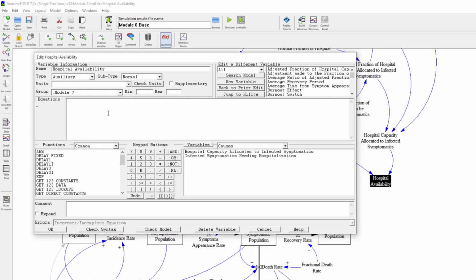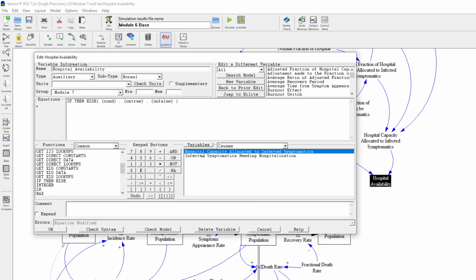Okay, so we're going to be using the if then else formula. If you scroll down here, there is if then else. So if the capacity we have is greater than infected symptomatics needing hospitalization, that means we have full hospital availability. So if that condition is true, the value will be 1.